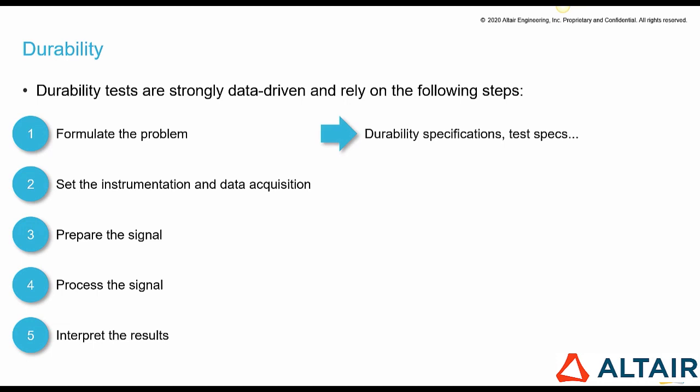Regarding the formulation of the problem, the durability specifications directly affect how the data should be acquired and therefore how the signal will be processed afterwards. And it's the same situation with the test specs. Secondly, the instrumentation will determine parameters like sampling frequency and strain gauge parameters to reduce the noise and disturbances in the acquisition process.